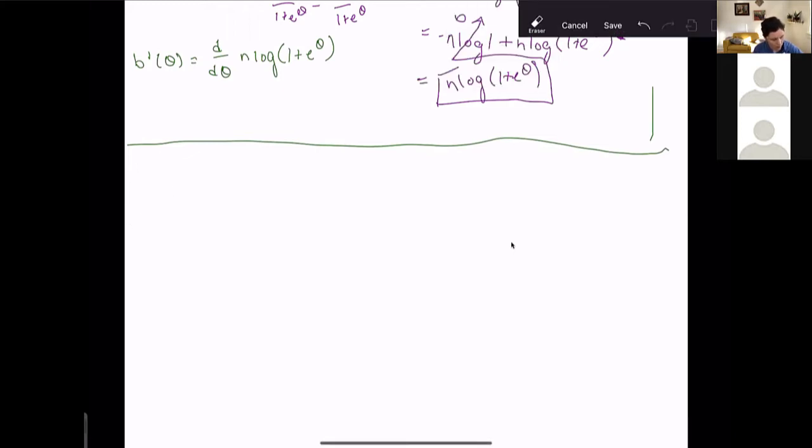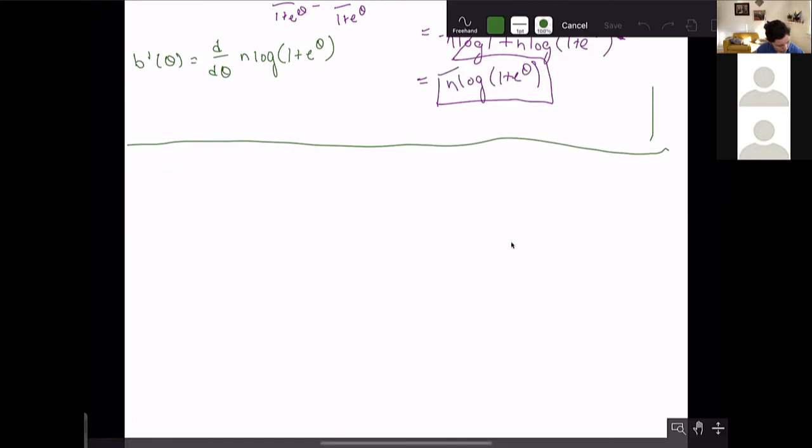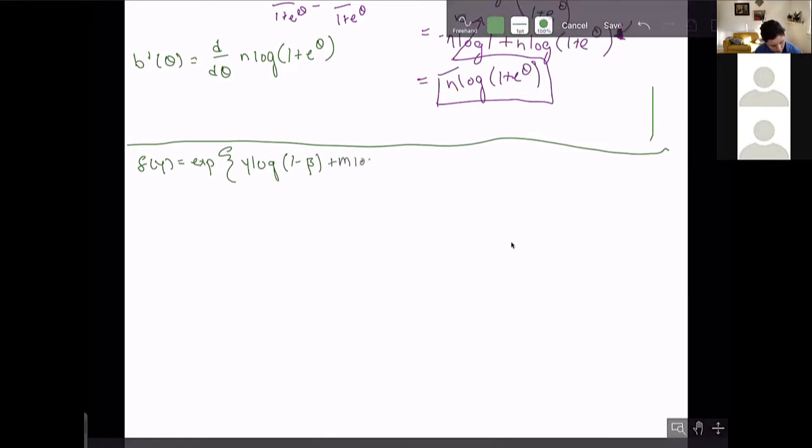Okay, so I have the exponent of y log, and then in parentheses, I have 1 minus beta, plus m log beta, plus log, in parentheses, the numerator would be y plus m minus 1, and then the bottom is m minus 1.